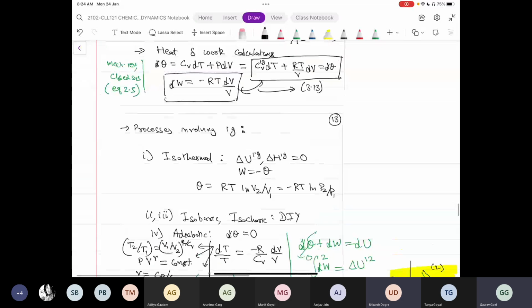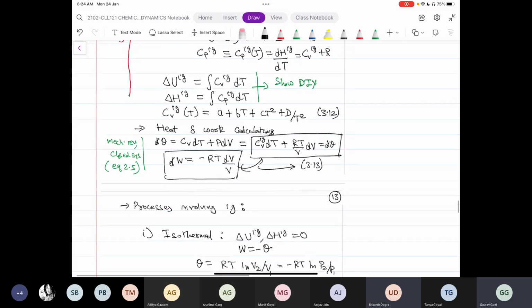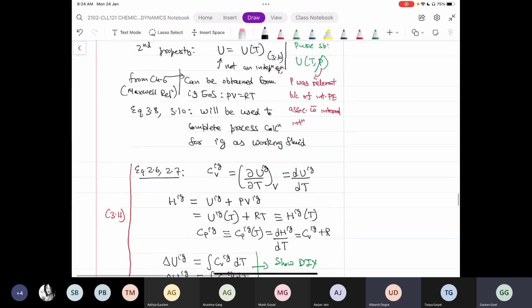So there is a propane example in the tutorial sheet, or the problem sheet. It's from a propane plant where something very similar is being asked. There you are going to answer what the final pressure will be, depending on the initial state.